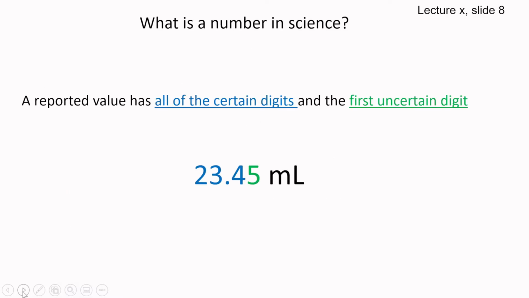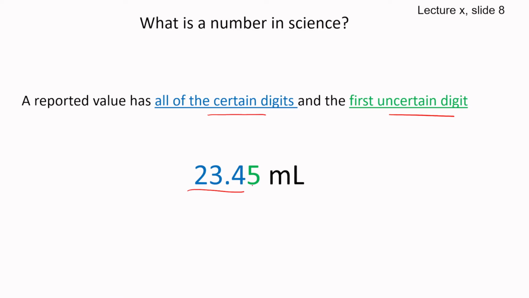We keep talking about sig figs and some sort of number. So what does this actually mean? In science, a number contains all the certain digits and the first uncertain digit. What does that mean? In this number, 23.45, the 23.4 are certain, which means we know that they will never change.